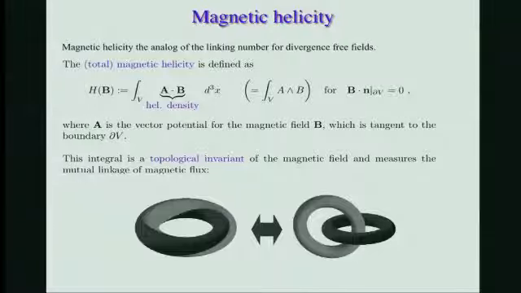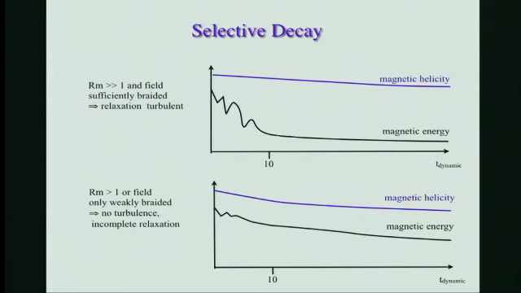Okay, and this integral turns out to be a pretty good invariant, a robust invariant. And this is the kind of typical scenario which you see if you take one of these braided fields and let them undergo a resistive relaxation, which is in general a very complicated or complex dynamics.